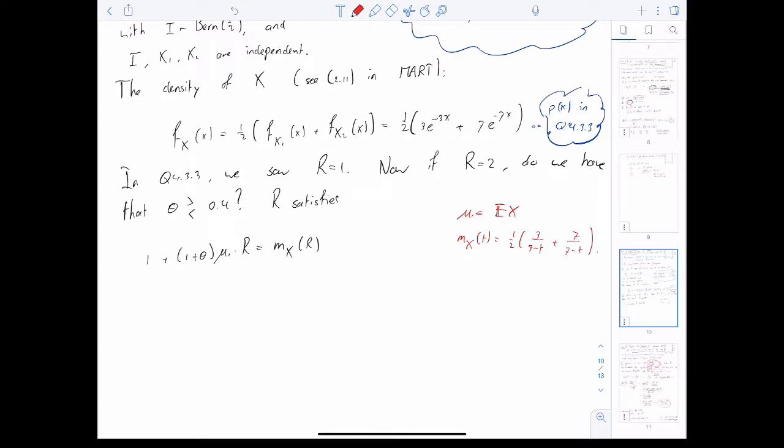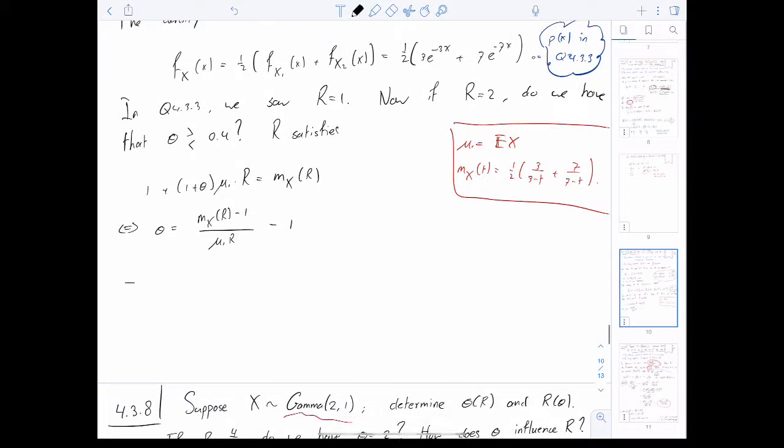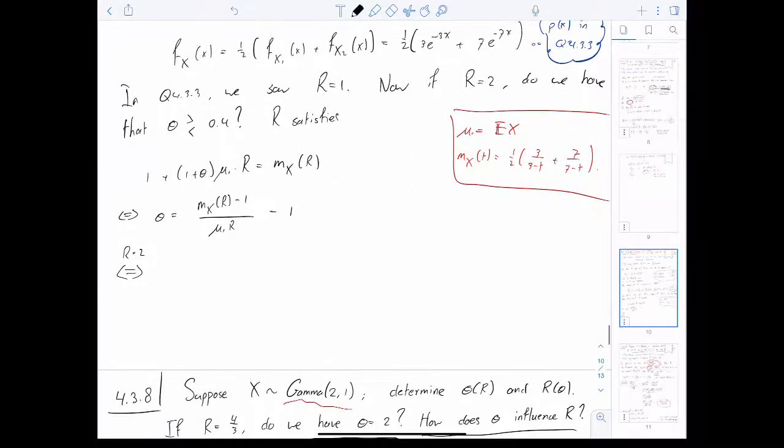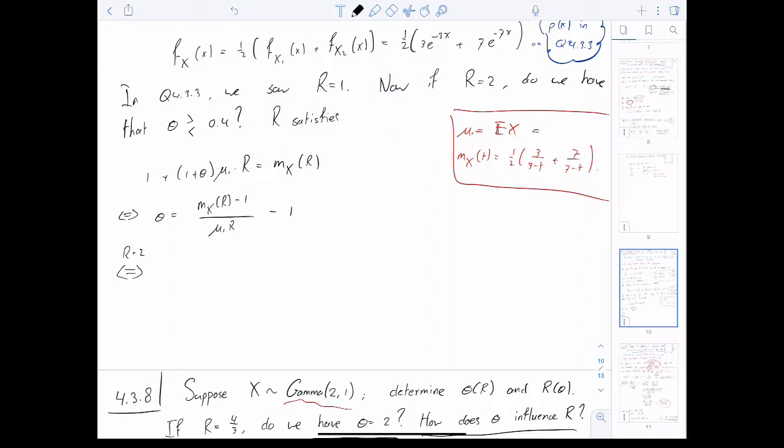Doing some rearranging, theta equals the moment generating function plugged in R, minus 1, over mu1 times R, minus 1. Then we plug in R is 2 and the moment generating function, and use that mu1 was equal to 5 over 21.